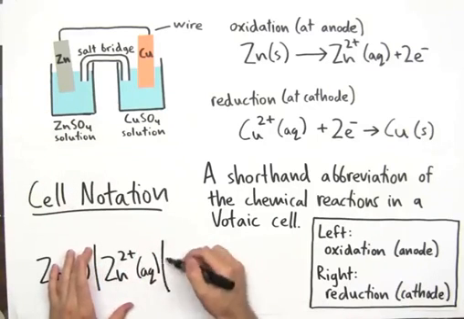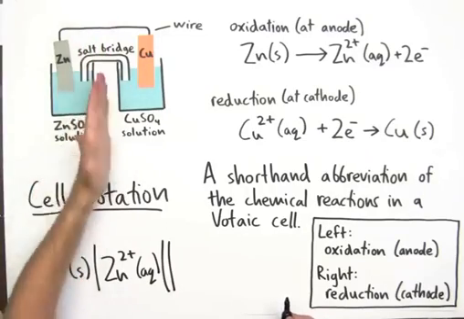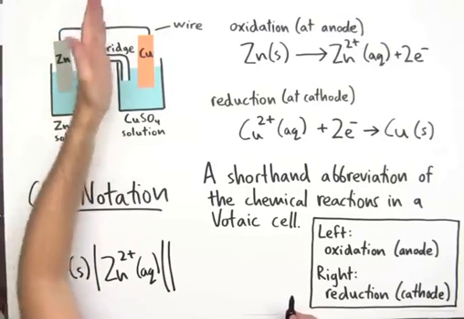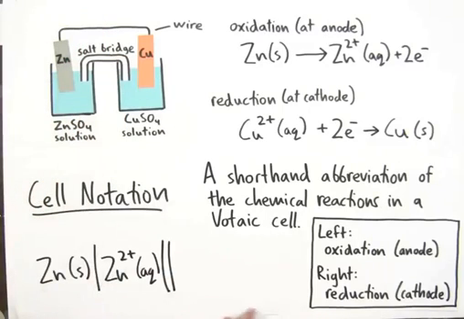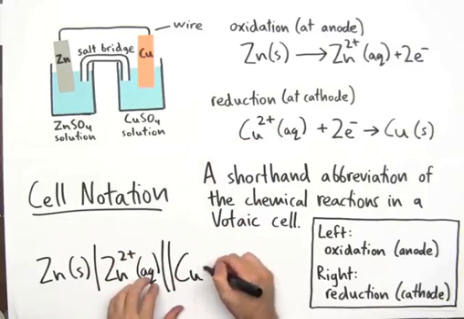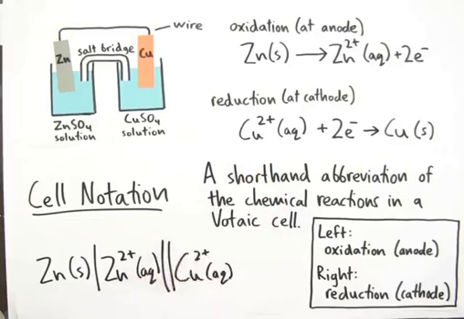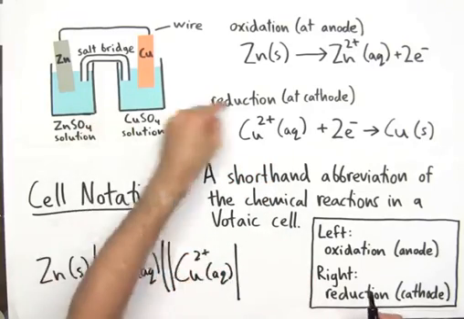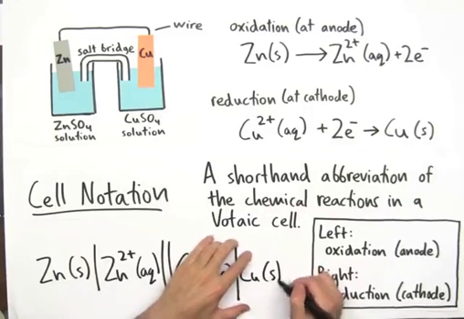Then I put two lines like this, and these two lines represent the physical boundary between these two half cells, or you can think of them representing the salt bridge. Now on the right, I put information about the reduction process. So the reduction process begins with Cu2+ aqueous, and then I will put another one of these lines, and the reduction process ends with Cu solid.